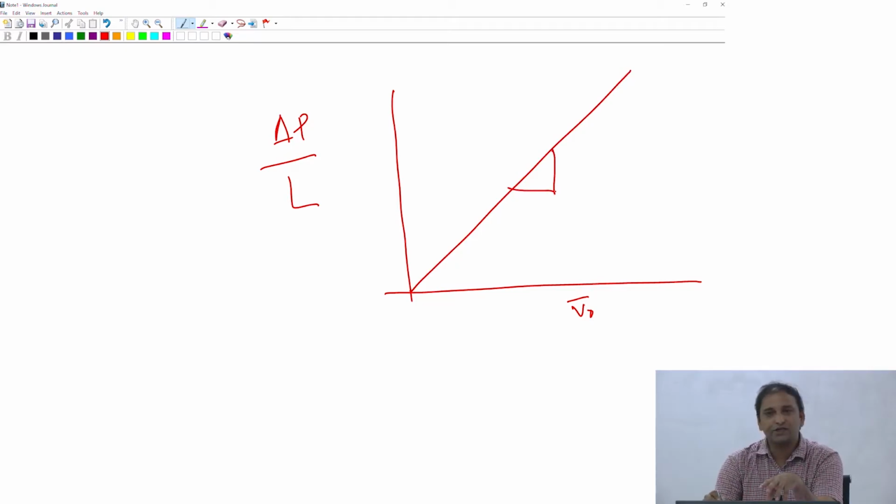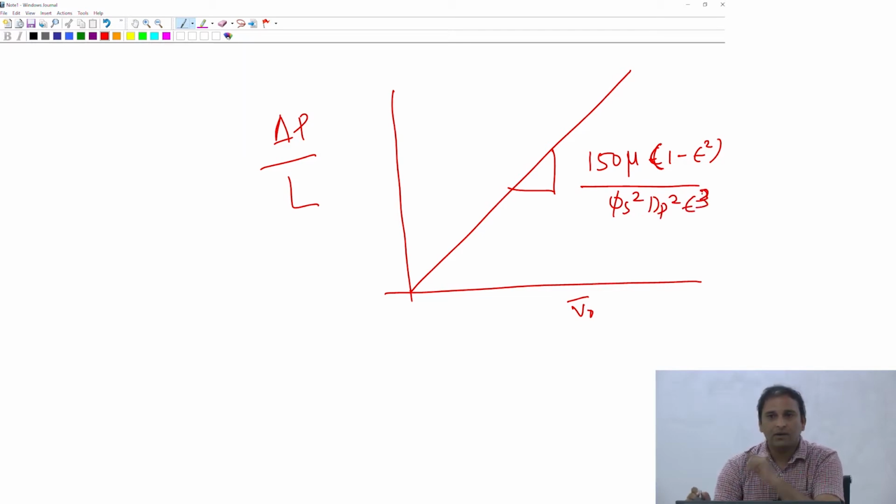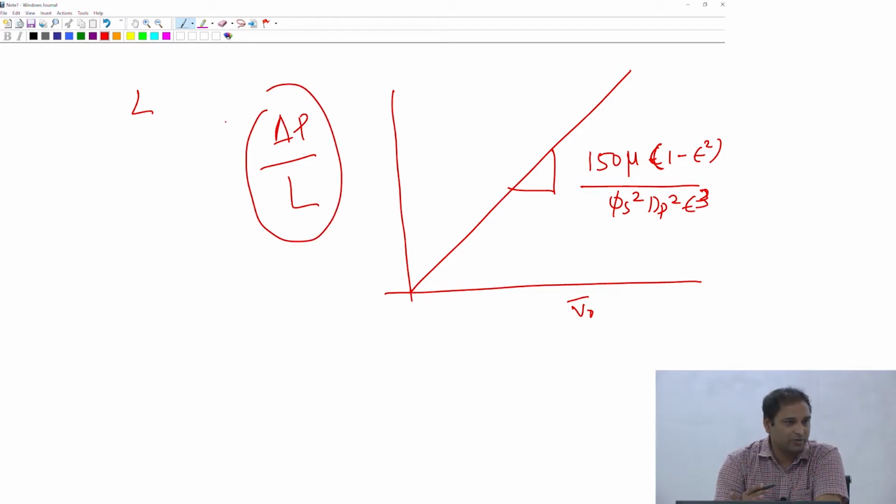The slope of this line is going to be 150 times mu, 1 minus epsilon square, divided by phi s square dp square into epsilon cube, right. So if you work with conditions where your Reynolds number is less than 1, this is what should happen, okay.